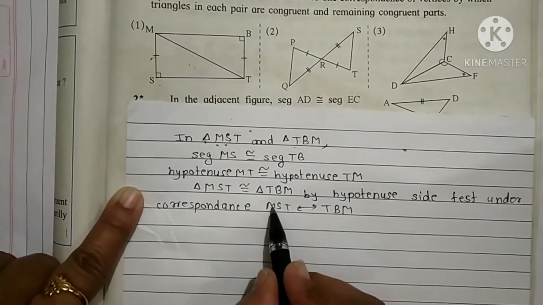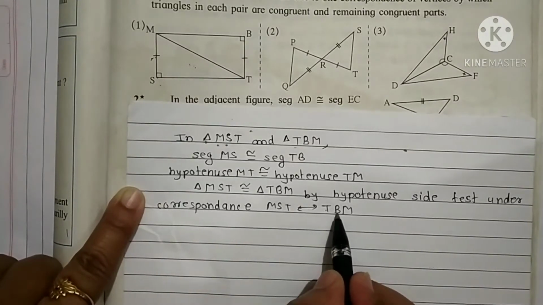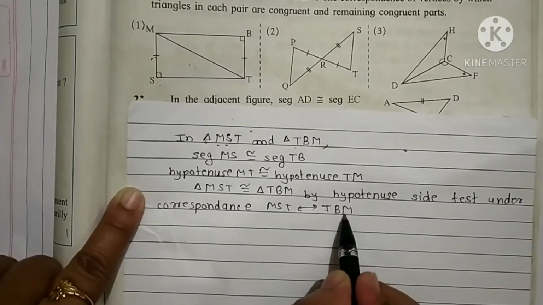That means M corresponds to T, S corresponds to B and T corresponds to M.